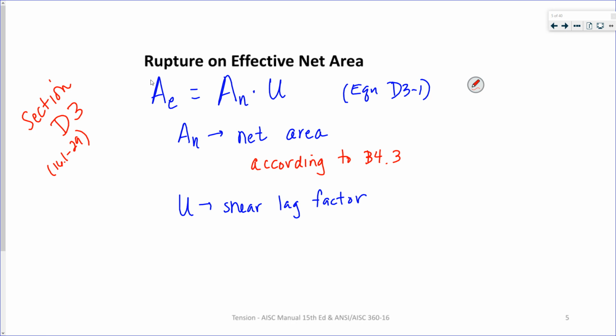And that the shear lag factor is determined by table D3.1.